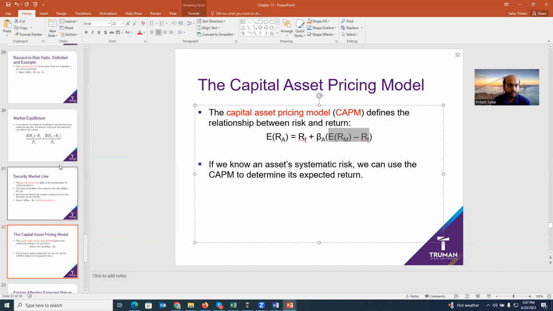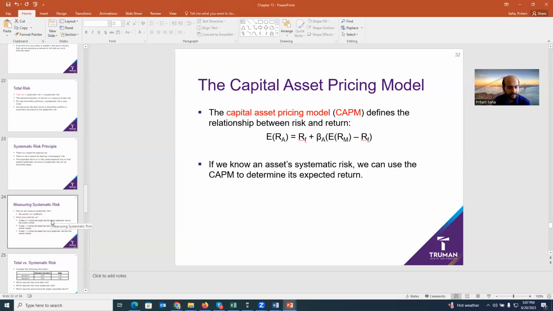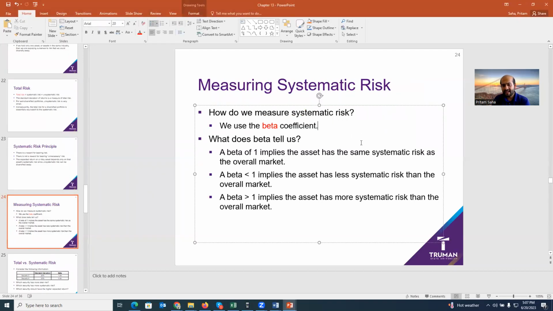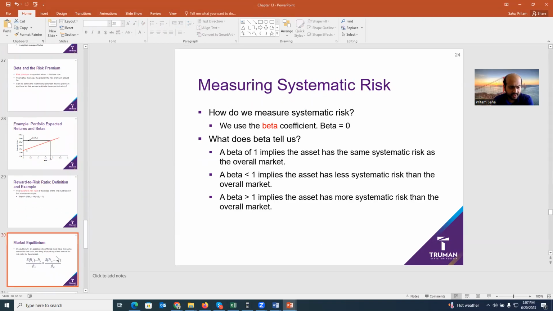Beta could take a value from 0 to anywhere, okay? So when beta is 0, what is the implication? Beta basically tells you how risky your investment is as compared to the market. We are not going over how to calculate beta, but I'm just trying to give you some hints.